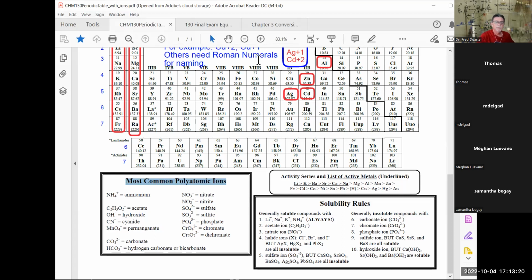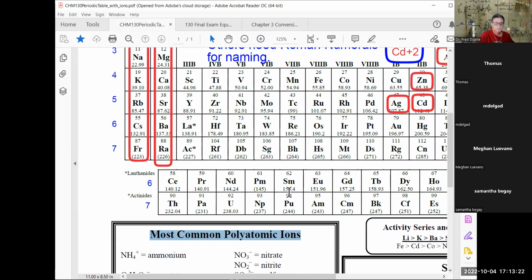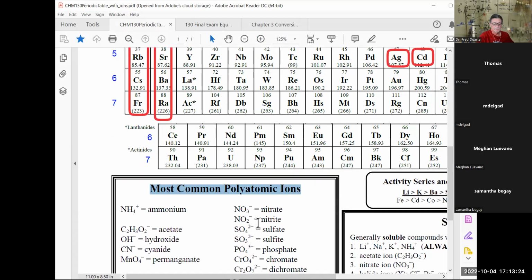And each one has its own specific name. First of all, they are ions, and being ions, you're going to have either a negative or positive charge. Second of all, they are covalent compounds, but because they have a charge, they're ions, though they are covalent. And thirdly, they each have their own specific name.